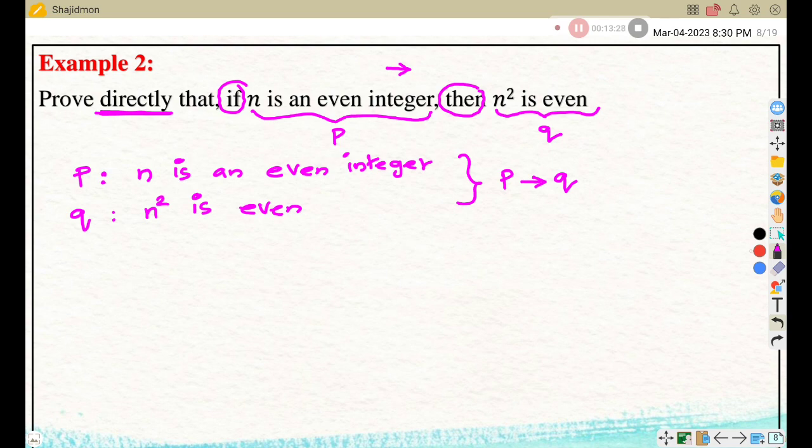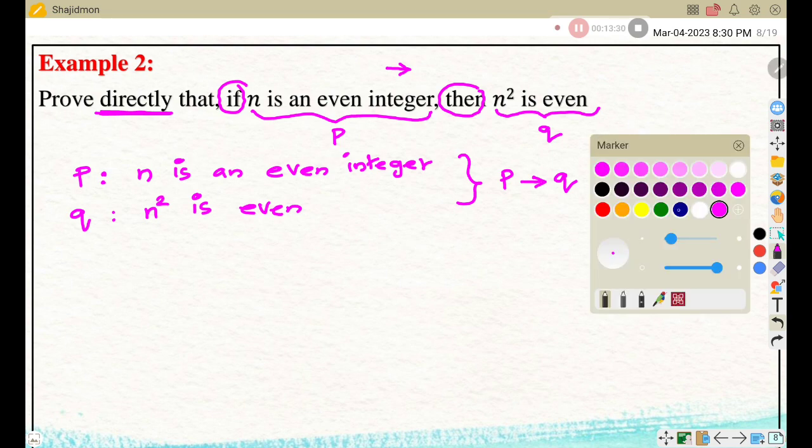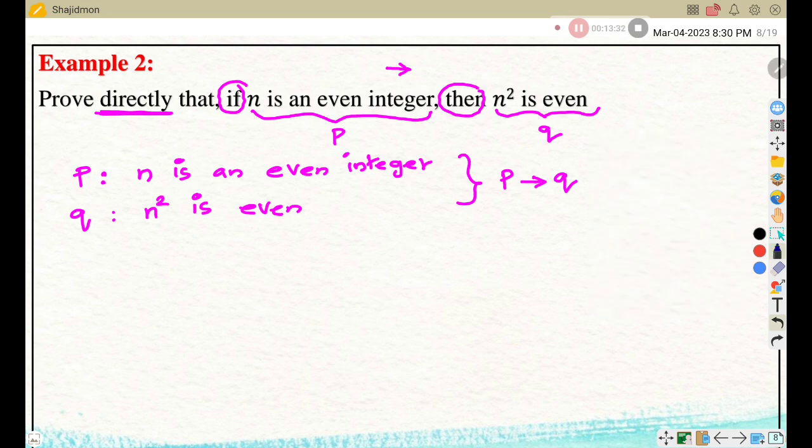That means if n is an even integer, if you take an even number, its square will also be an even number. For example, before starting this question, take an even number 2, that is n, okay? Now just check the square of that, n square: 2 squared is 4. So n is an even number, 2 is an even number, and n square, 4, is also an even number.